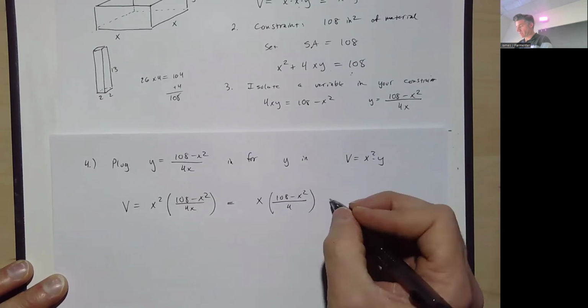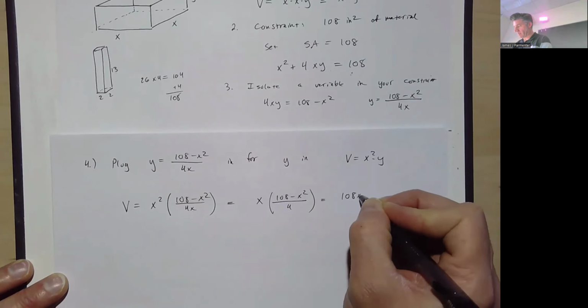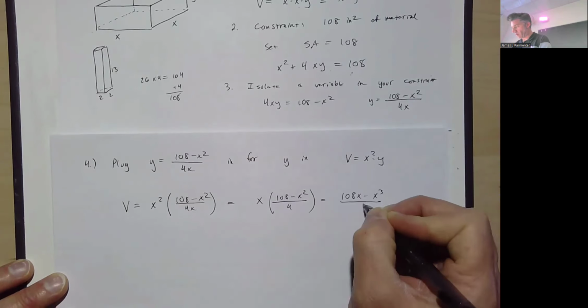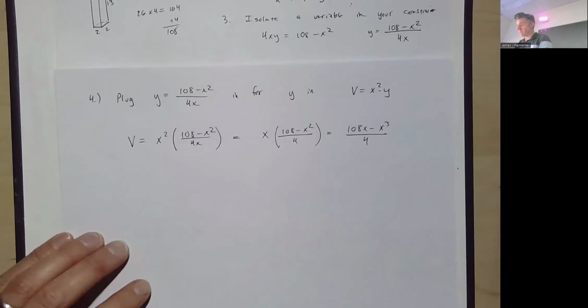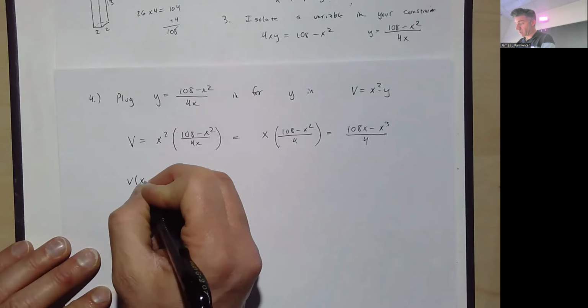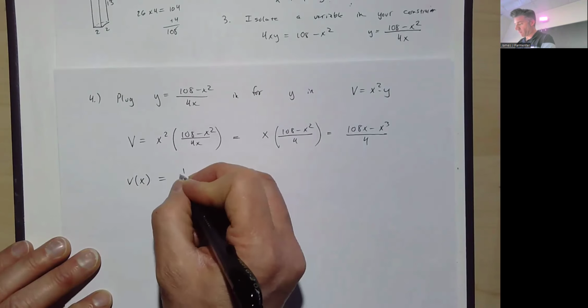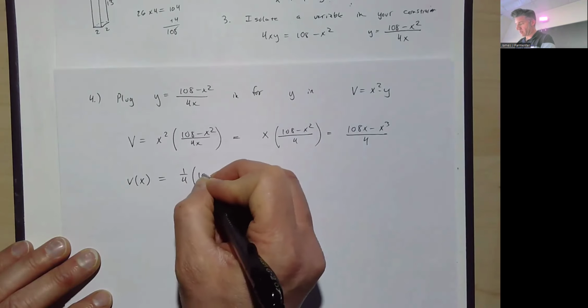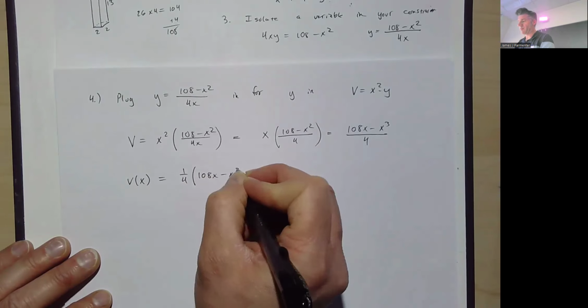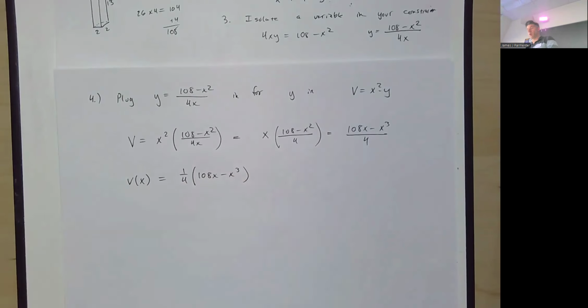Or if I distribute the x, (108x minus x cubed) over 4. Or, writing it in the best way possible, the volume as a function of x is 1/4 times (108x minus x cubed). And now it's not terrible at all to take the derivative.